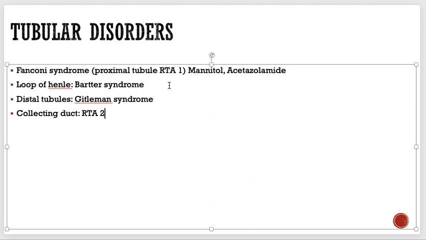So there are different tubular disorders, but our main discussion today is about acute tubulointerstitial nephritis or acute tubular necrosis, as well as chronic tubulointerstitial nephritis. Then we will study one more condition called ATN, which is acute tubular necrosis.